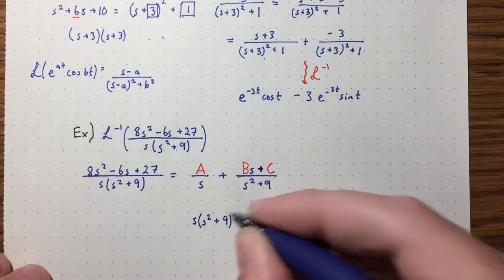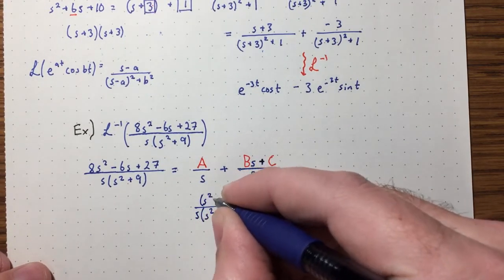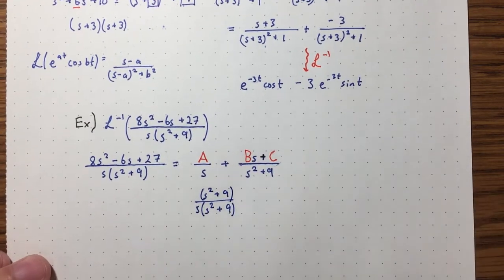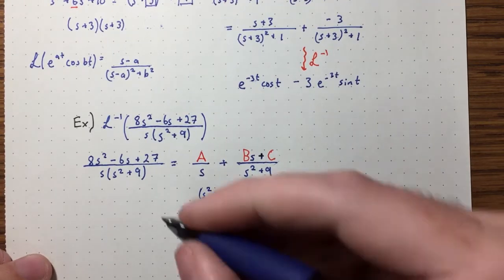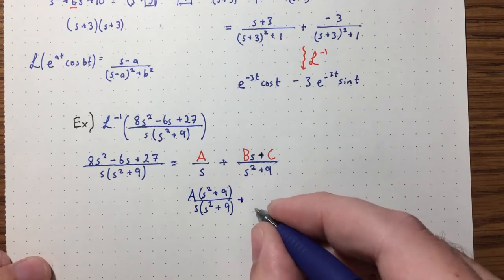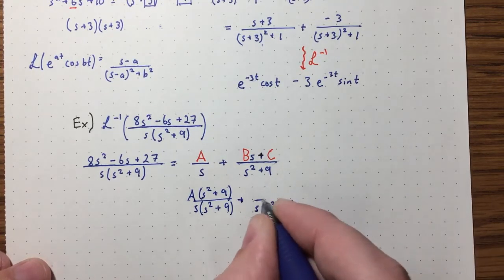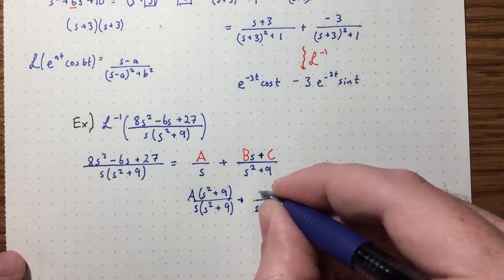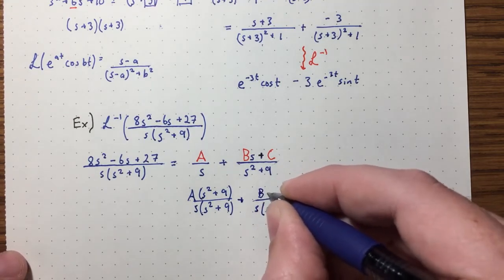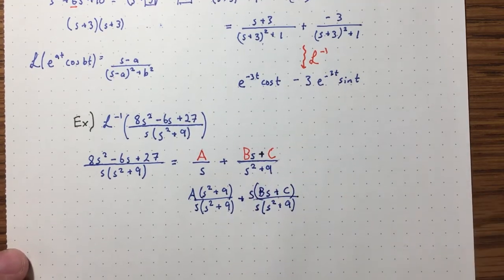This is our first example of partial fractions, so I'll try to write out everything very explicitly. s squared plus 9, we have our a there. And then this one, I need to multiply by s over s. So I have bs plus c times s.